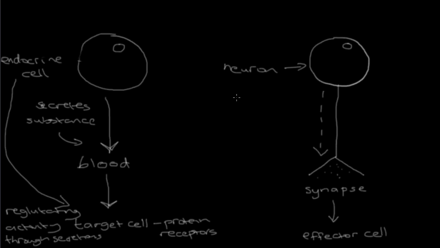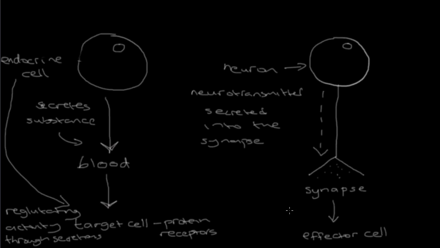And what's going to happen with the neuron is that it's going to secrete a neurotransmitter, secreted into the synapse, which is the gap between the end of the neuron, if you like, and the effector on the other side.